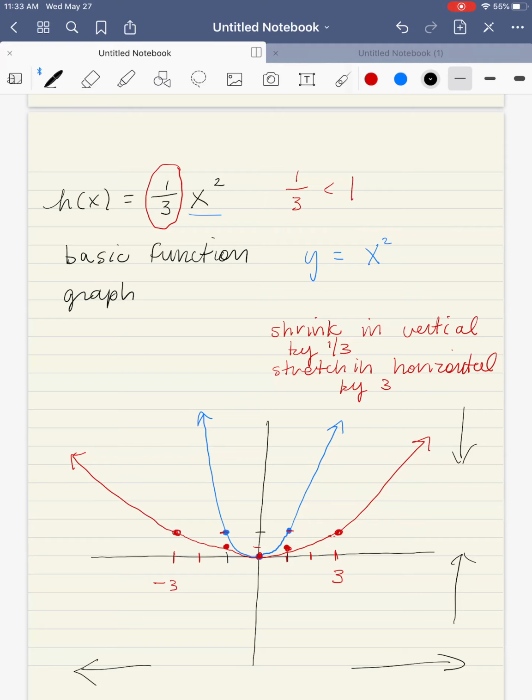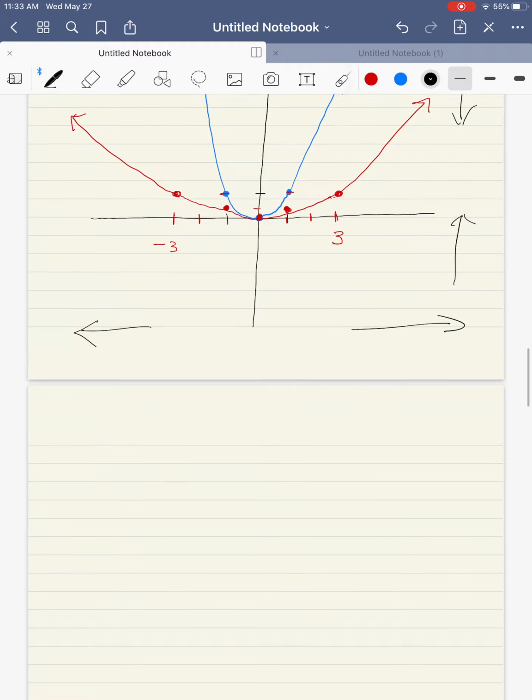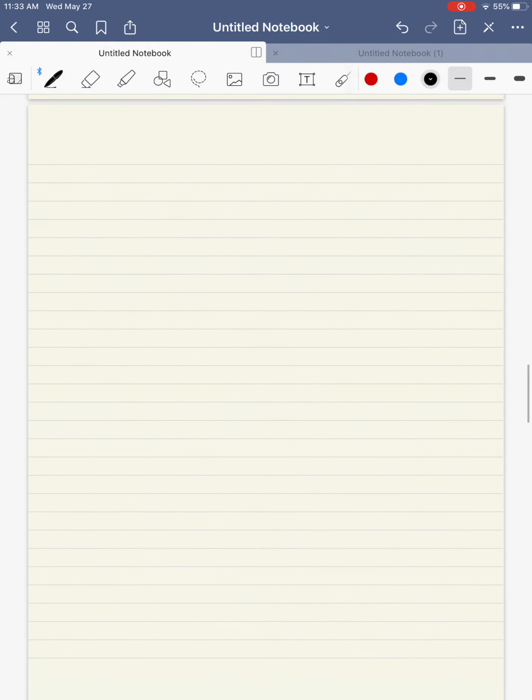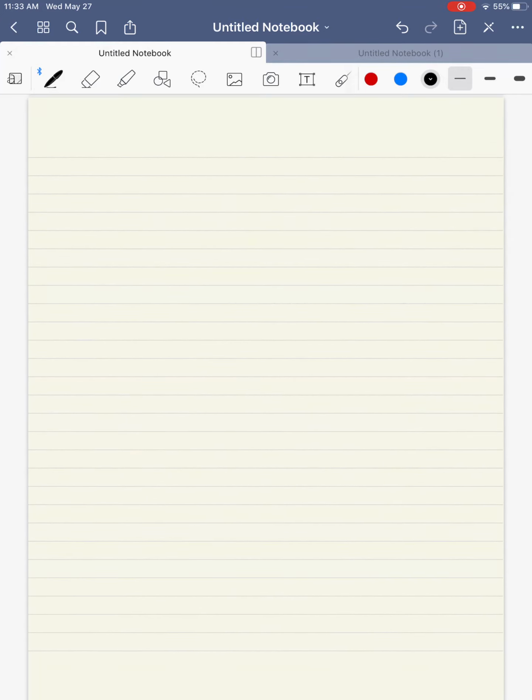Let's look at an example that has several things going on at once. Let's say that we are going to graph the function g of x equals -5 x cubed plus 2. So I'm going to have you list the basic function that this should look like.